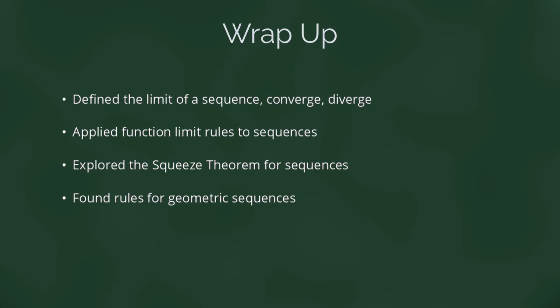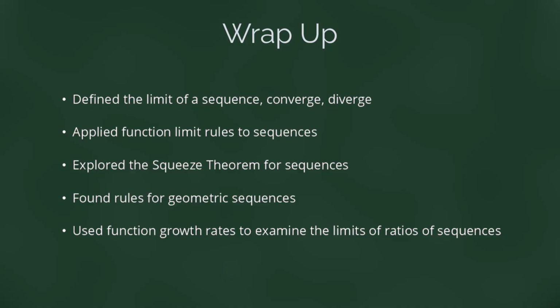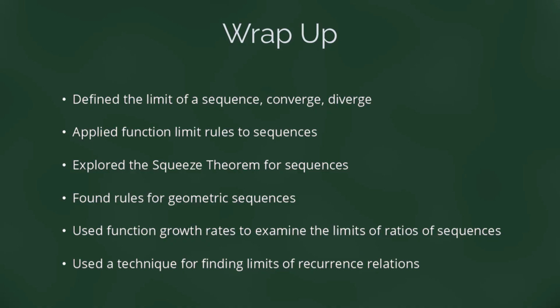Then we found some rules for geometric sequences, in particular rules that rely on the absolute value of the ratio in our geometric sequence. We used function growth rates to look at the limits of ratios of sequences. And then lastly, we used a technique for finding the limits of recurrence relations and explored an application of that limit of a sequence.